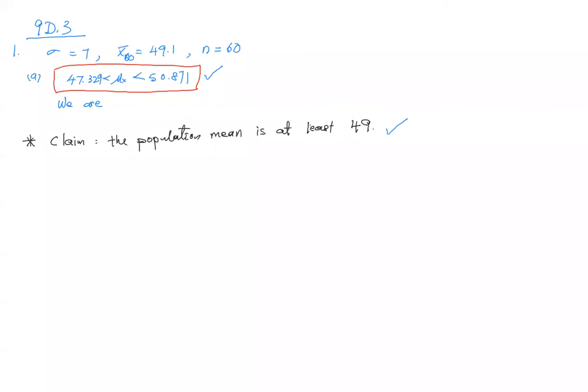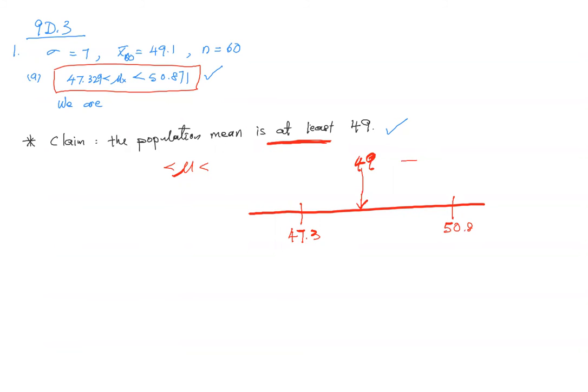Look, my claim is... the confidence interval is this. The confidence interval, if I draw, it can be this value, and it can go as high as this. So one of them is possible, you know or not? I want it to be 49 and above.